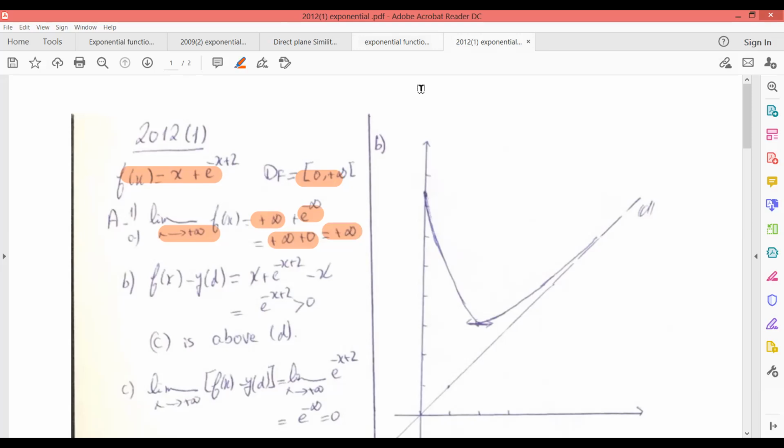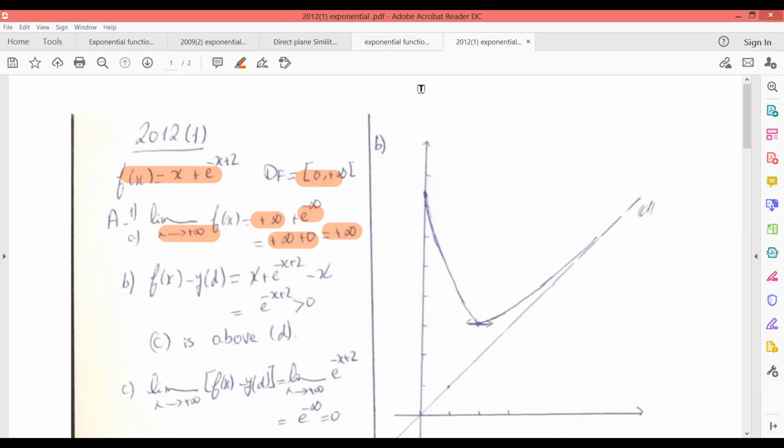Now part B. D is the line of equation y equals x. How to prove that C is above D? How to prove that the curve is above the line?